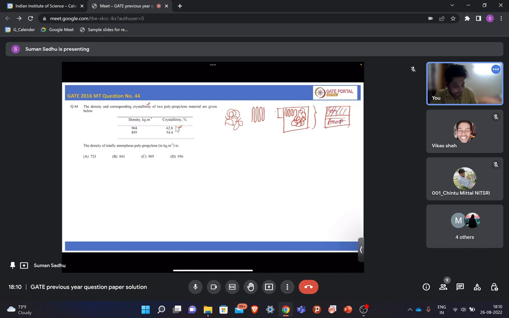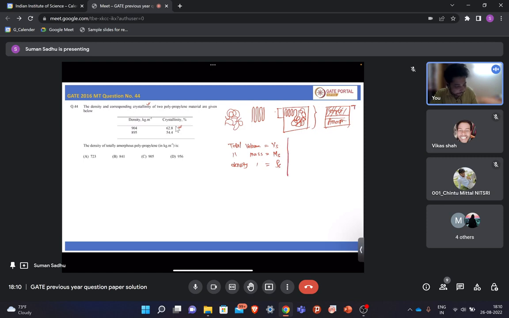So let's say the total volume of the sample is Vs, total mass is Ms, and density is rho s.